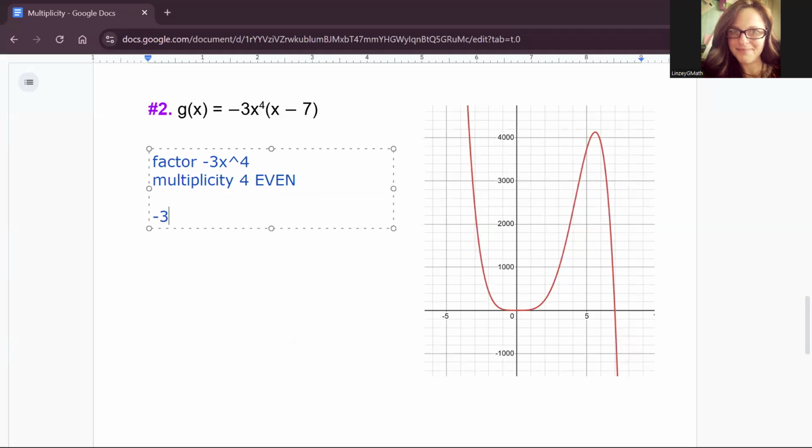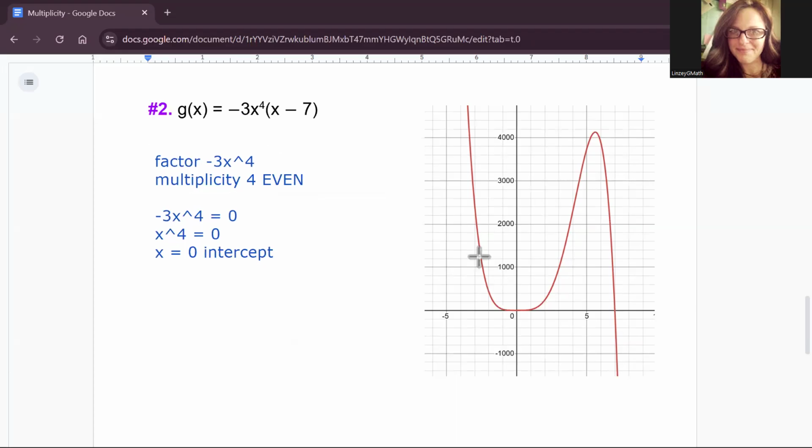Now, if you set -3x to the 4th equal to 0, divide by -3, and then take the 4th root, we do see that the x-intercept is 0. And at 0, since we have an even multiplicity, the graph touches and turns around, or bounces.